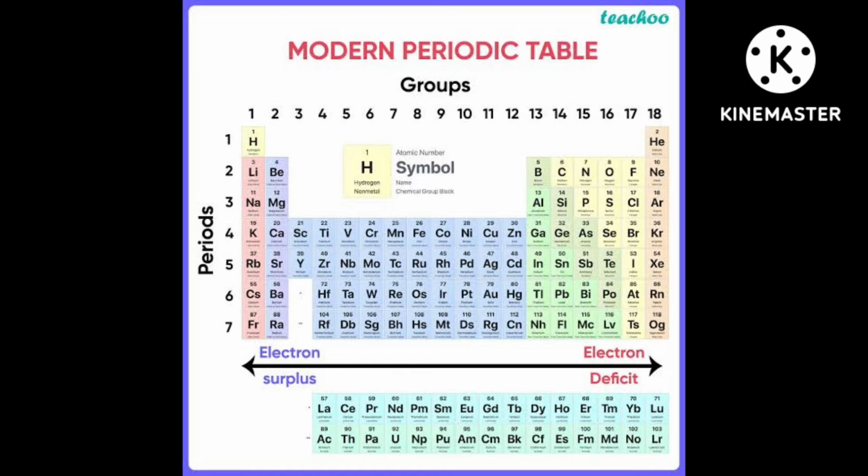Nuclear charge means the number of protons, and the number of protons is equal to the number of electrons in a neutral atom. That is called the atomic number.